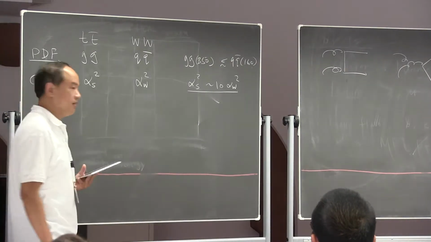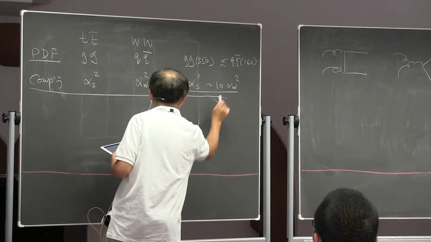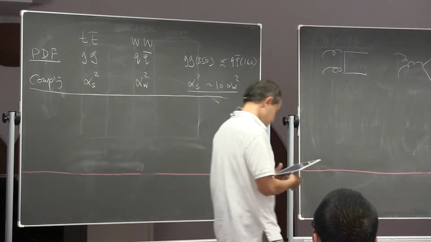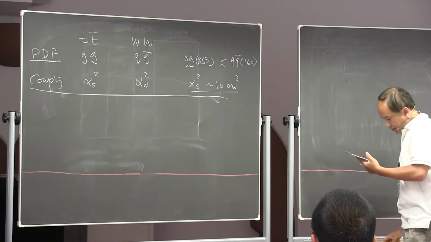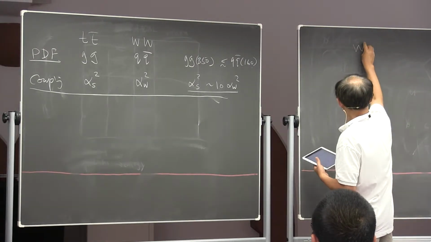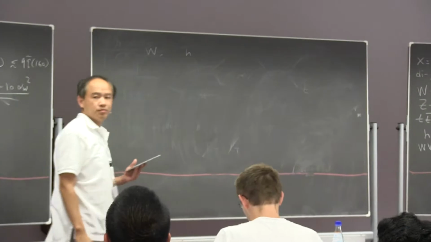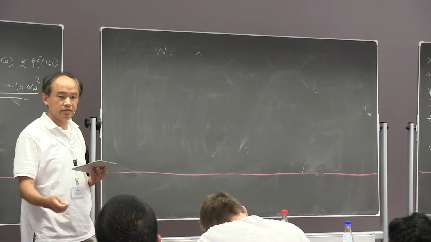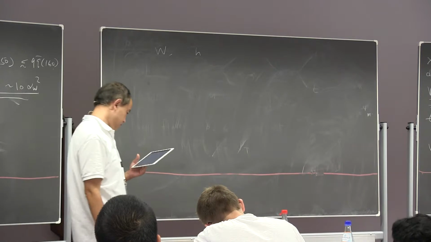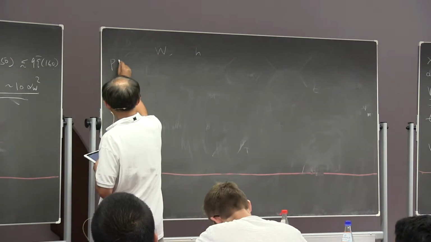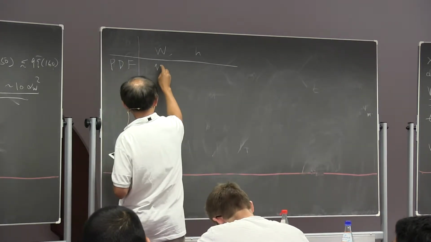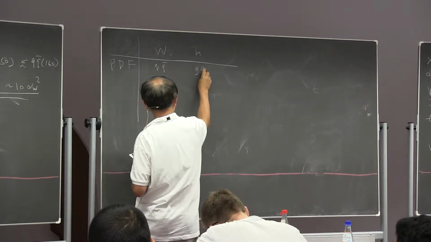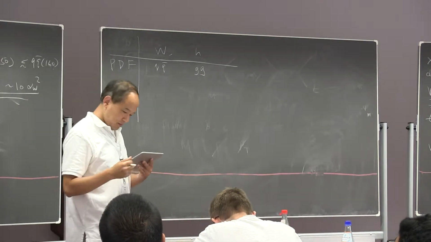So now, let's do something else: the production of W versus production of H. The Higgs versus the single W production. The PDF: W is from QQ bar, H is from glue.